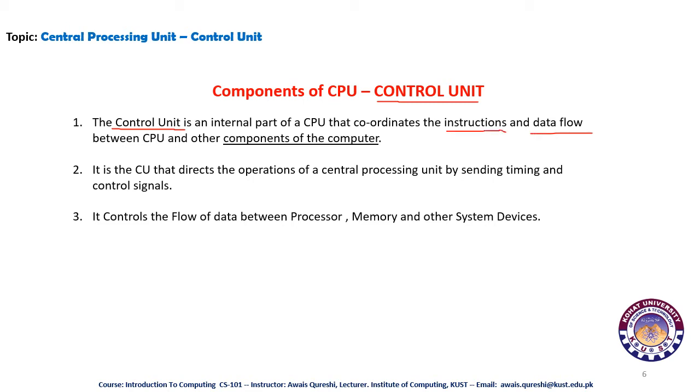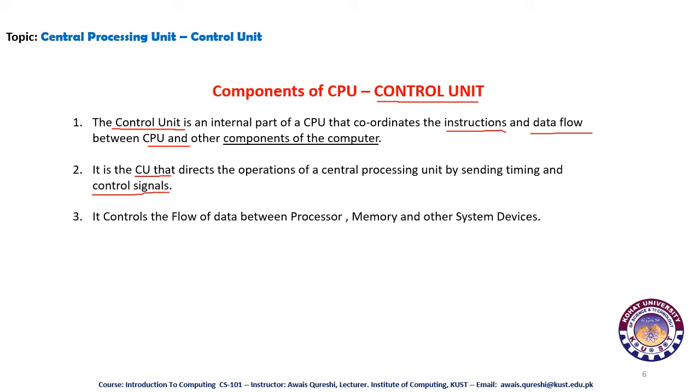These are two operations: it fetches instructions and then again puts back those instructions to the main memory, and it also controls the data flow between the CPU and the other components of the computer. So the control unit acts like a traffic police inspector. It directs the operations of the central processing unit by sending timing and control signals.